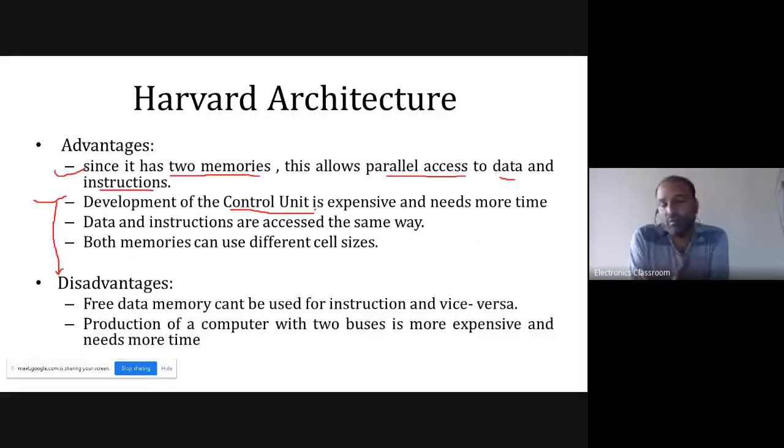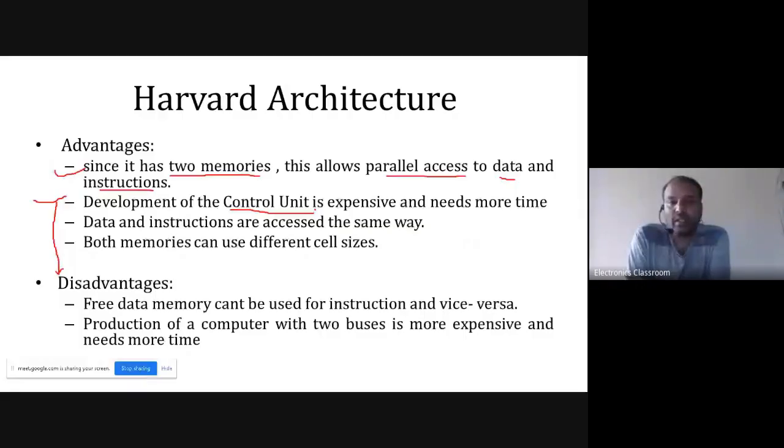So its design is going to be complex, and since it is complex, it is going to be expensive, both in terms of cost as well as time, because it will take more time for designing.